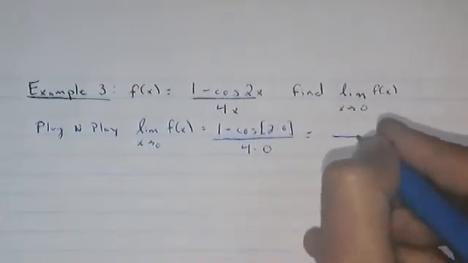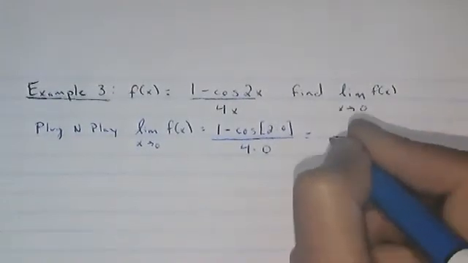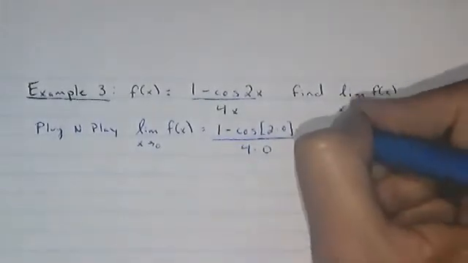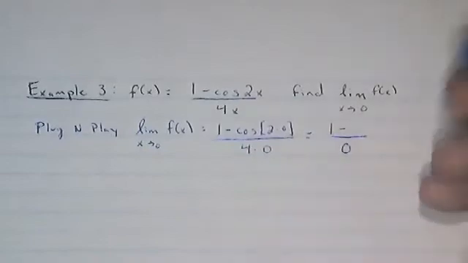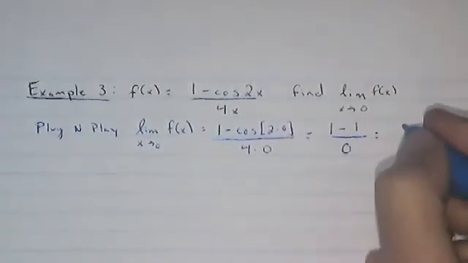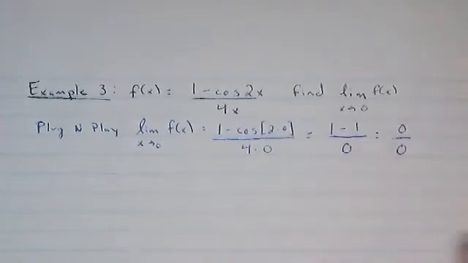That's definitely going to be a 0 on the bottom. On top, though, 1 minus the cosine of 0. The cosine of 0 again. So this is the indeterminate case.